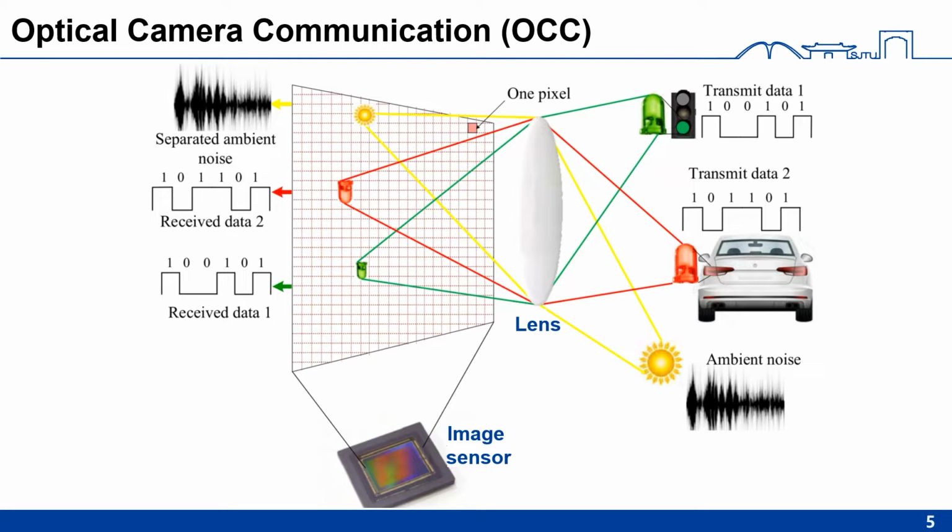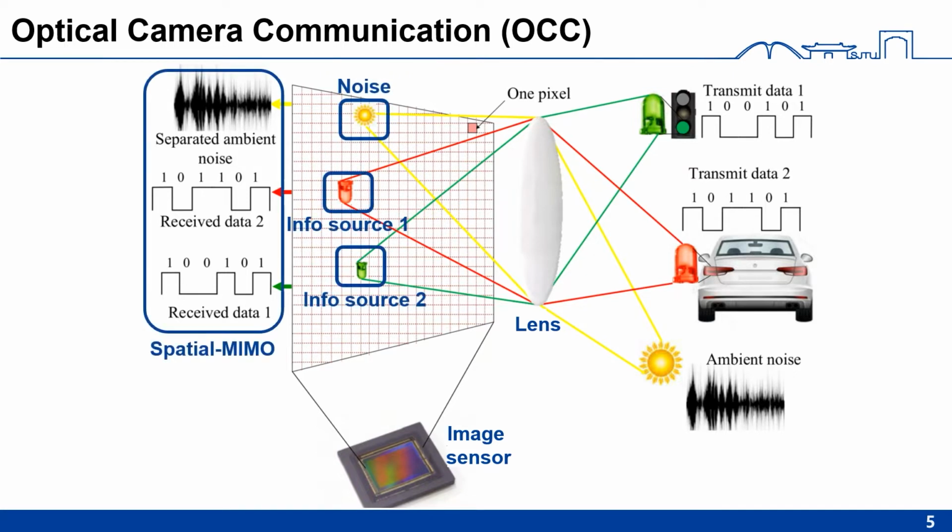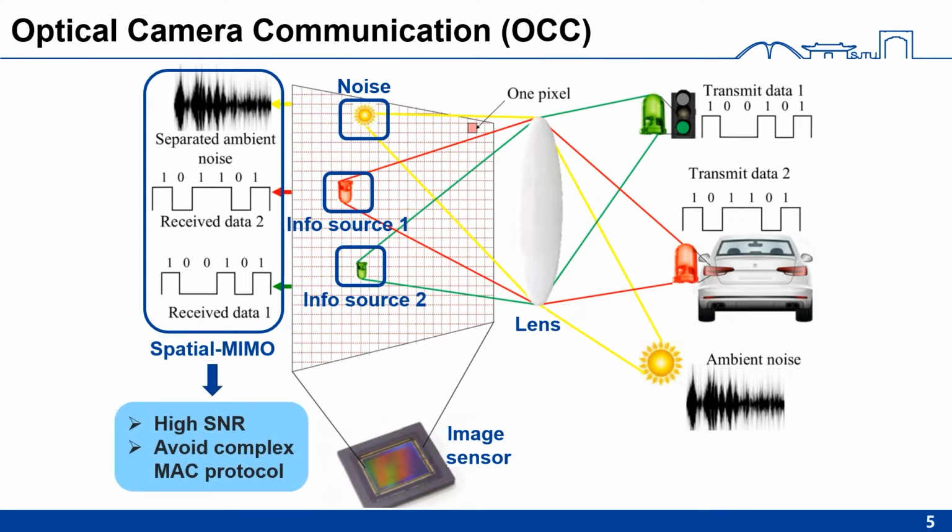Due to the structure of the lens and 2D image sensor in the optical camera, the receiver can spatially distinguish multiple LED sources while rejecting background pixels to achieve MIMO communication with high signal-to-noise ratio, and it avoids the complex MAC protocol design as in radio frequency. Therefore, OCC is well promising in densely deployed communication scenarios such as vehicle networks and UAV networks.